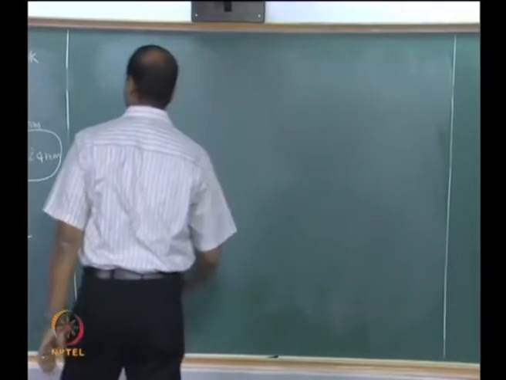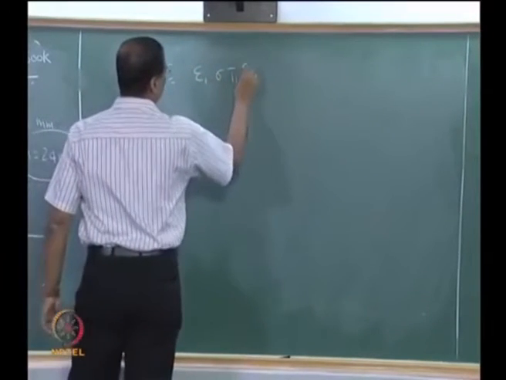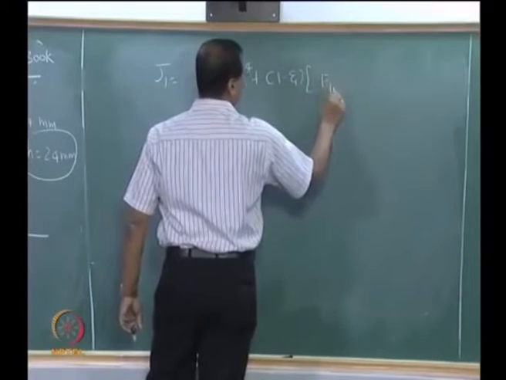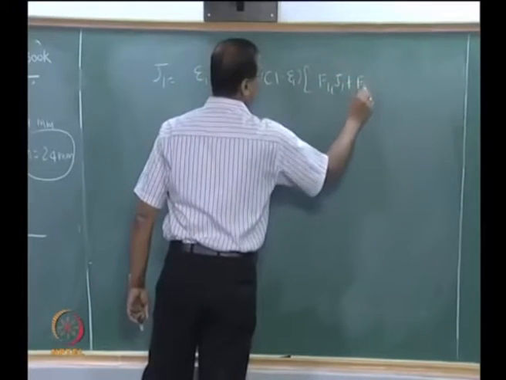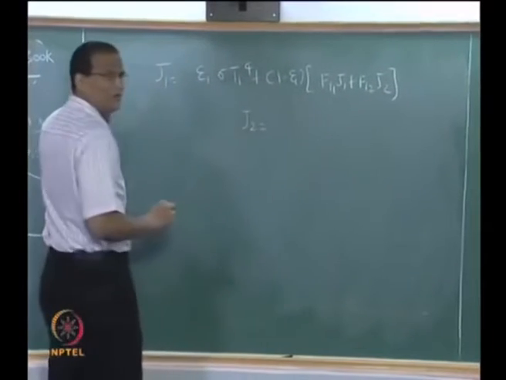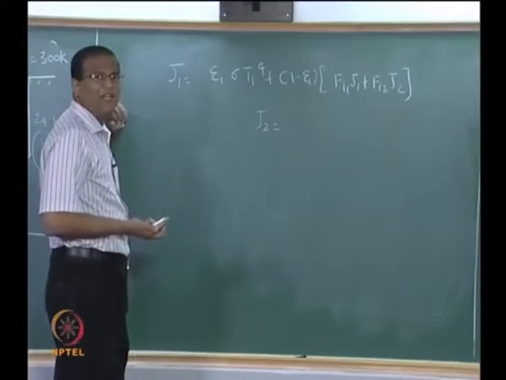we write the radiosity relations J1. What is J2? J2 is a black body at T infinity.